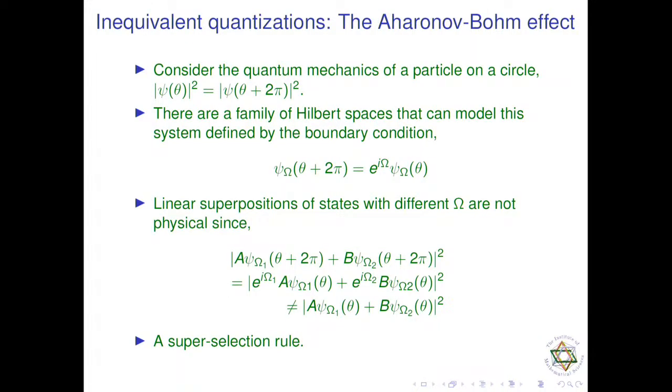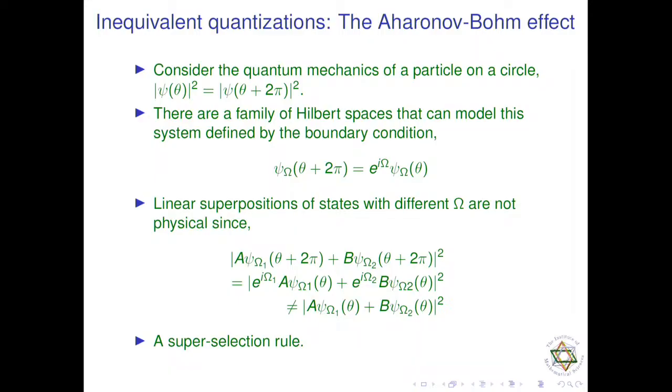Now, these are inequivalent wave functions in the sense that you cannot linearly superpose two wave functions with different omega. Suppose you try to take this linear combination, then what comes back after a 2 pi rotation is not the same state. So this physical condition is violated when you do this.